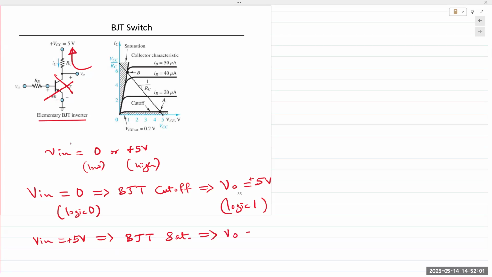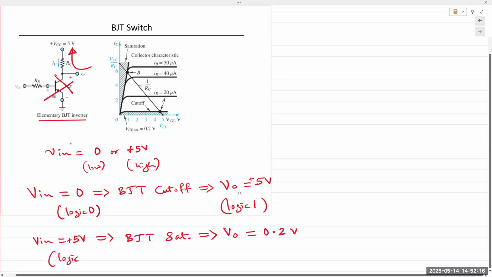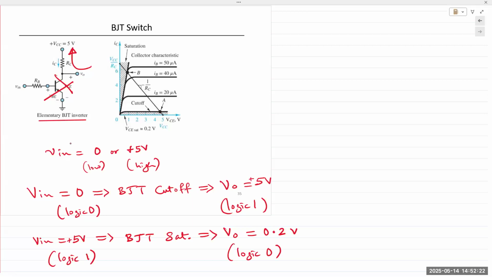If BJT is saturated, then VCE sat, current is maximum, saturated. So VCE sat, or my VO, is 0.2 volts. And 0.2 volts is logic low or logic 0. So 0 as input, you get 1 at the output. 1 as the input, you get 0 at the output.